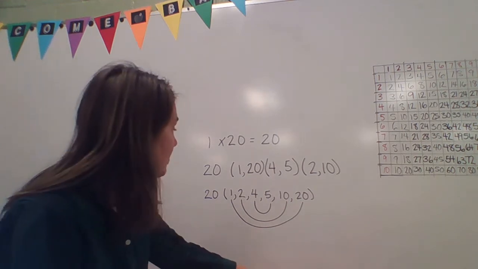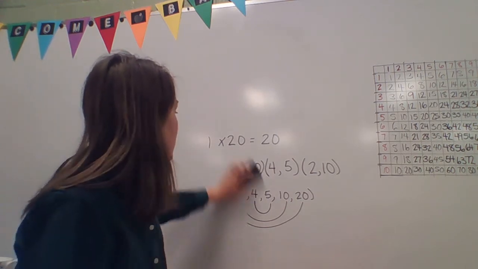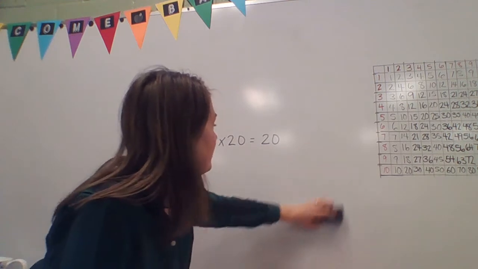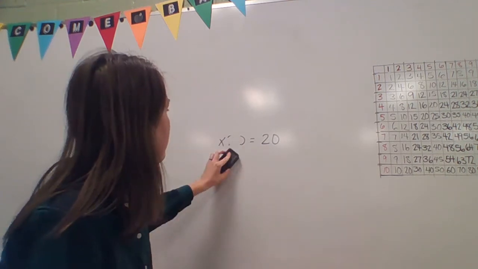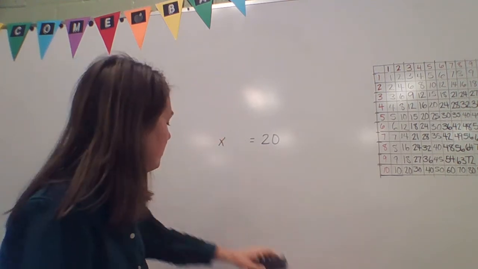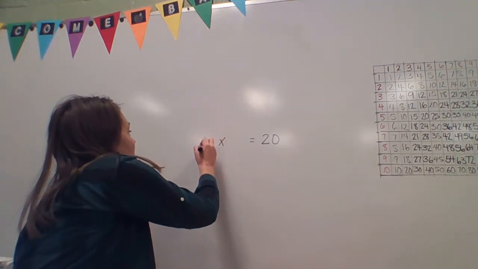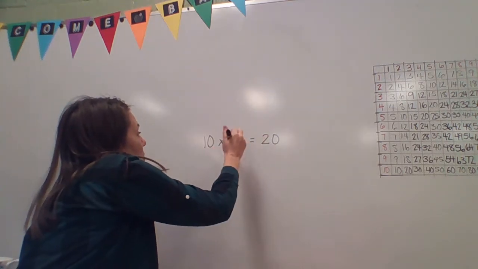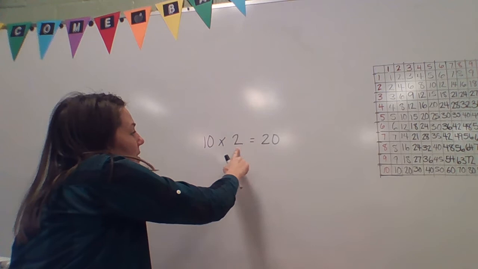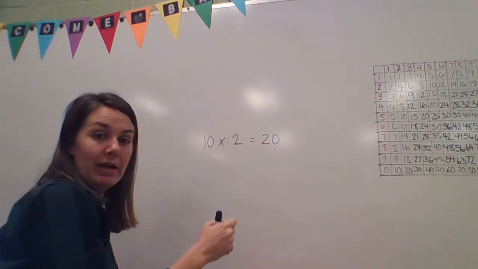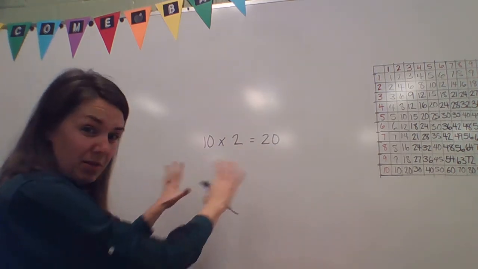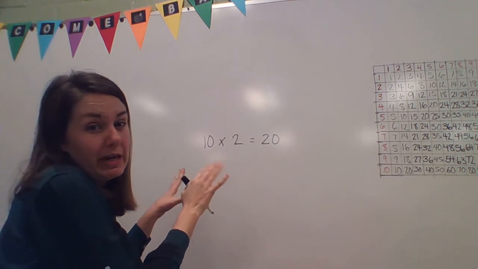So as we talked about, if I were doing multiples of 10, I would have 10 times one number, in this case it would be 2, to make 20. But then that's not just a multiple by itself, that's just a multiplication fact.